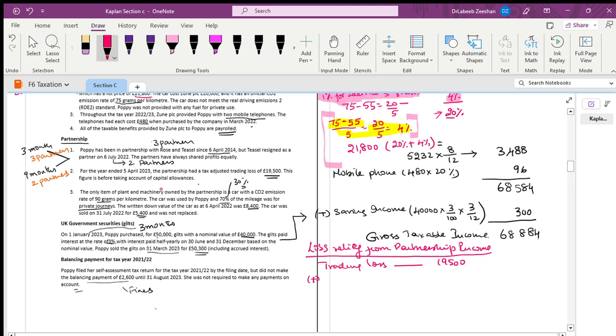Now, how much is the allowance? The written down value is 8,400.